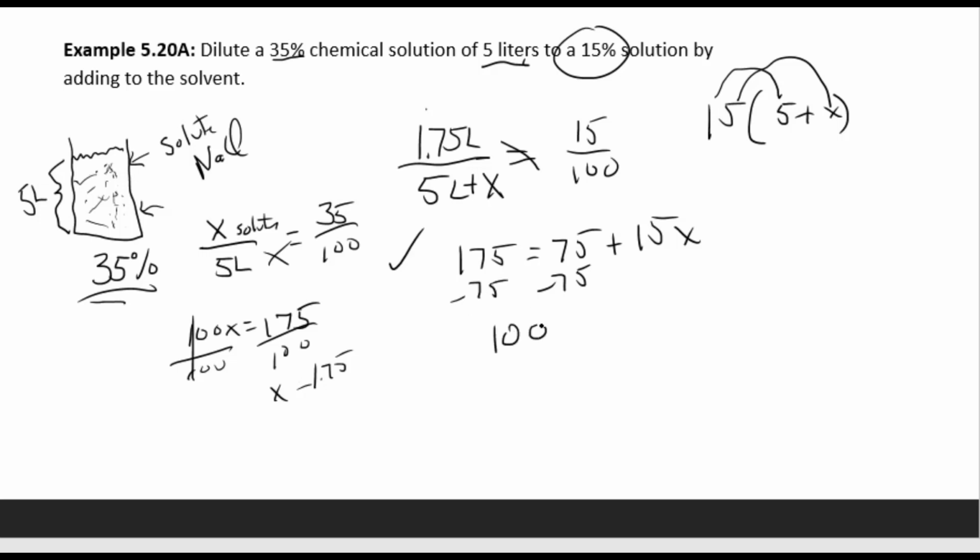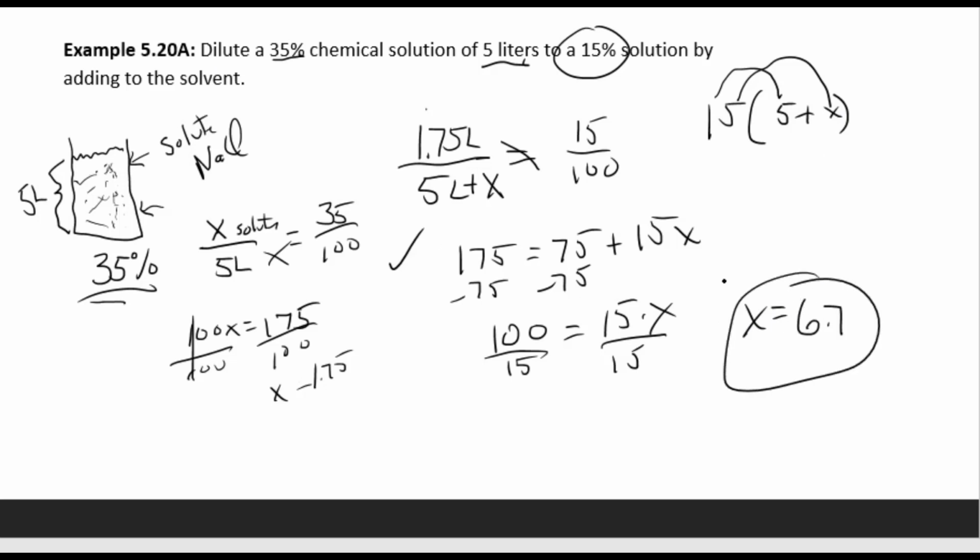So I get 100 equals 15 times X. What do I do next? Divide by 15. Go on my calculator, round it, and I get 6.7 liters. So let me just make this clearer in terms. I'm going to add 6.7 liters down here. Okay? I'm going to clear this off a little bit.